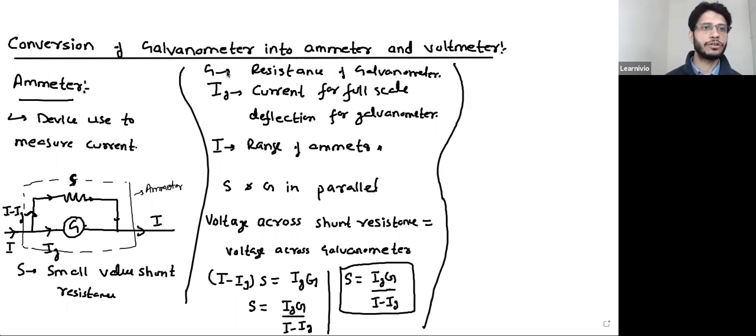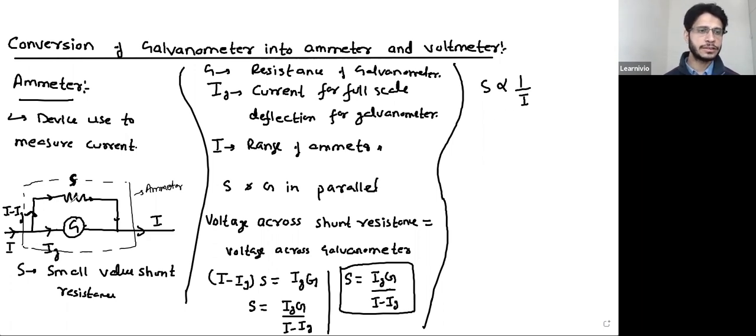This is the shunt resistance. If you can see, shunt resistance is inversely proportional to the range. If you keep on increasing the range of the ammeter, then the value of shunt resistance will keep on decreasing. It's inversely proportional to the range of the ammeter.